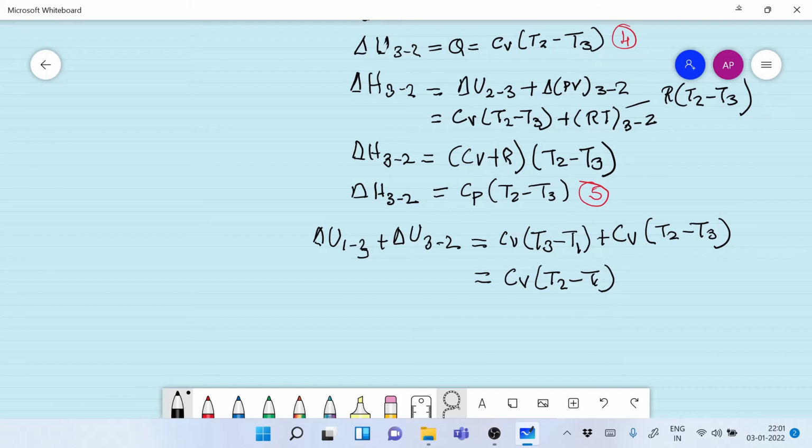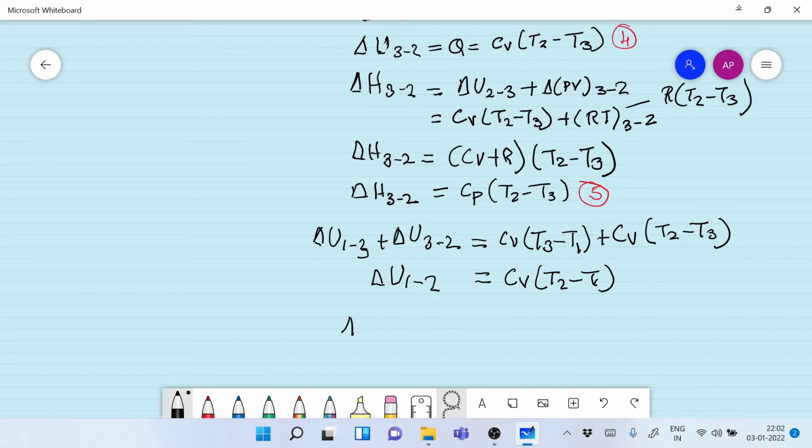This is nothing but the change in internal energy from process 1 to 2. Since we took an independent path and added the internal energies and it has come to Cv into (T2 minus T1), we can say that whatever path we take from 1 to 2, the change in internal energy will be the same. And if the change in internal energy is the same, we can say that internal energy is a state variable.